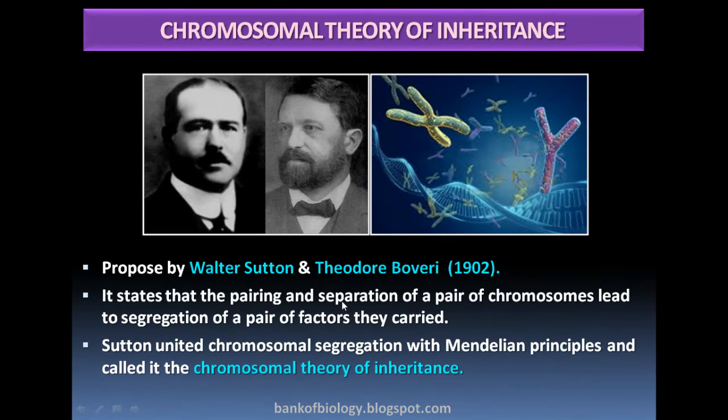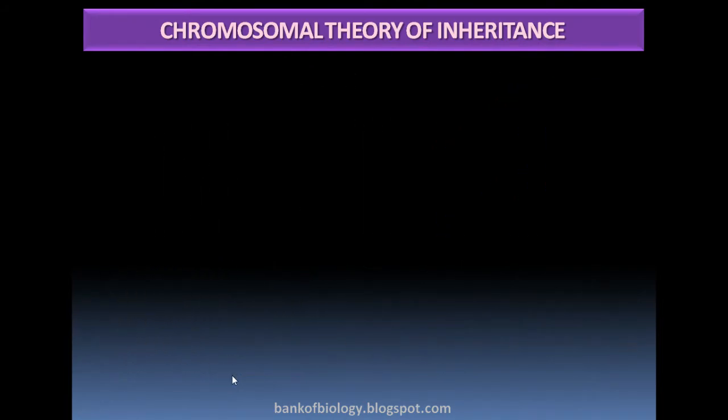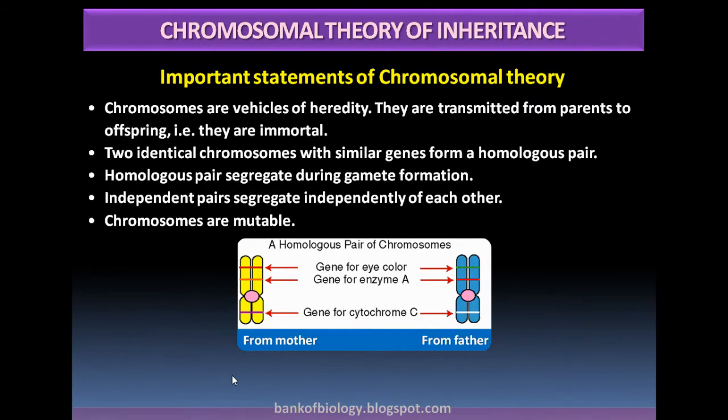That means if chromosomes are separated, then the factors, now called genes, are also separated. Sutton united this chromosomal segregation with Mendelian principles and called it the chromosomal theory of inheritance.